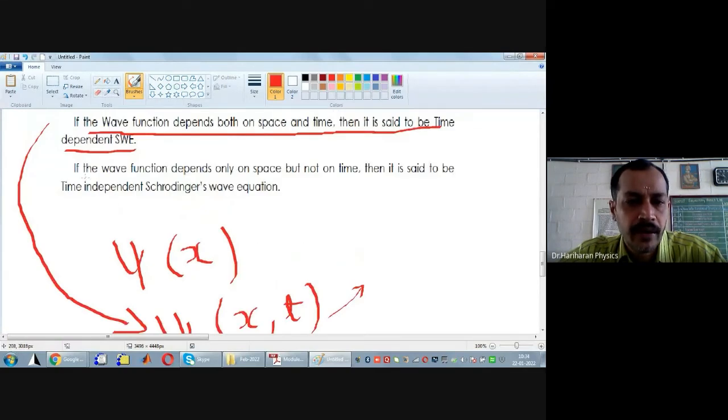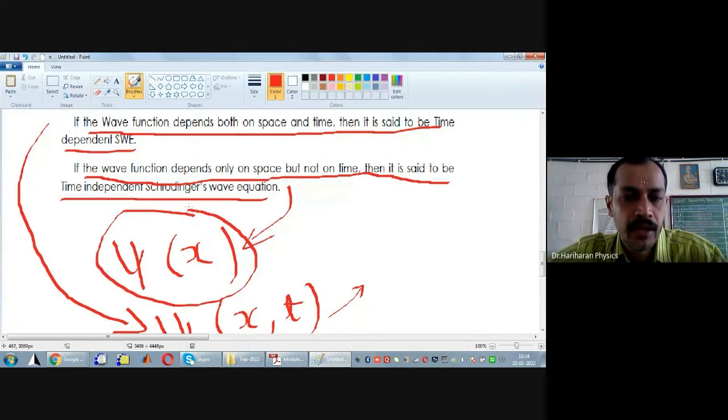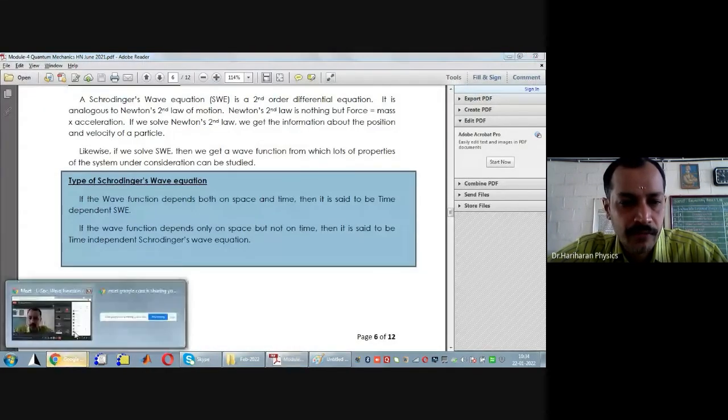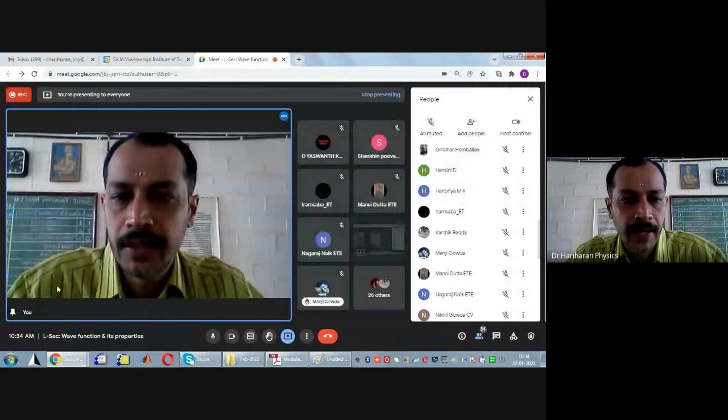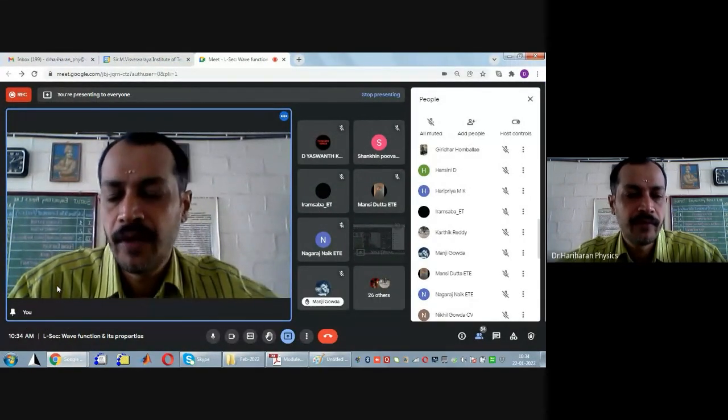On the other hand, if the wave function depends only on space but not on time, then this is called time independent wave equation. So this is time independent wave function, because here the wave function depends only on x but not on time. Therefore, there are two types of wave functions: time dependent wave function and time independent wave function.